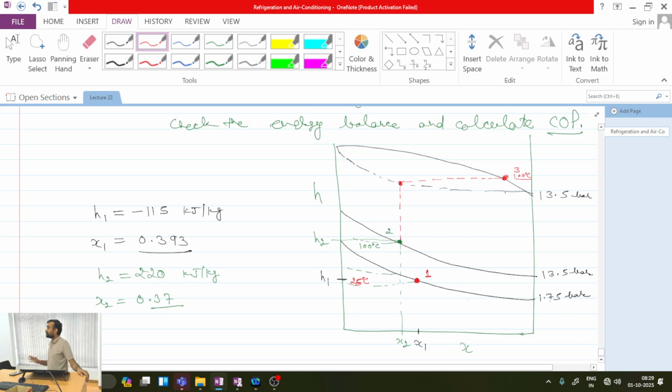Are you able to locate this or not? Do it. I will not tell you H3 and X3. You have to tell me. Corresponding to this, my value of X will be X3. See more carefully.